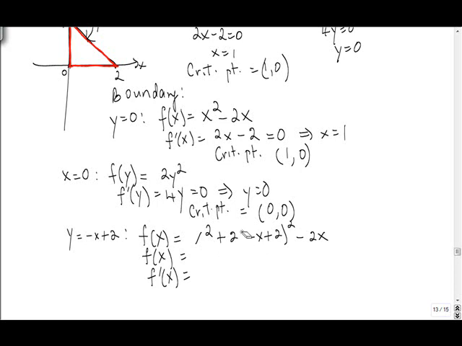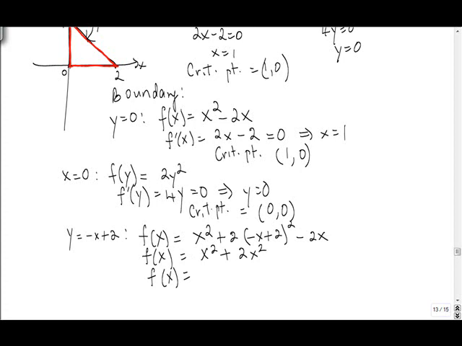Oops. What did I have here? So this is x squared. Let me just work that out. x squared plus, so that's an x squared times 2, 2x squared.